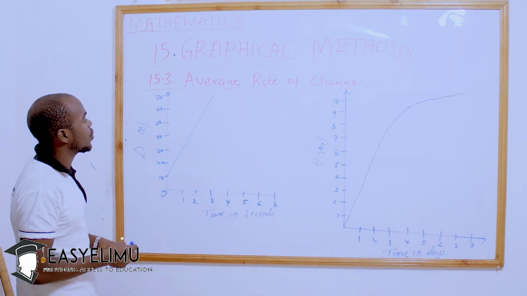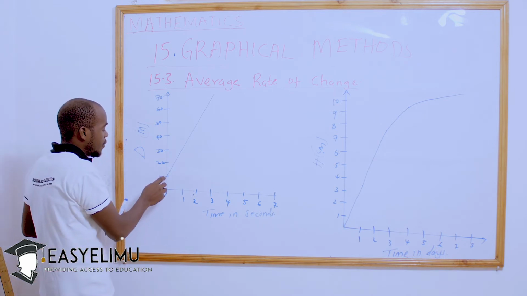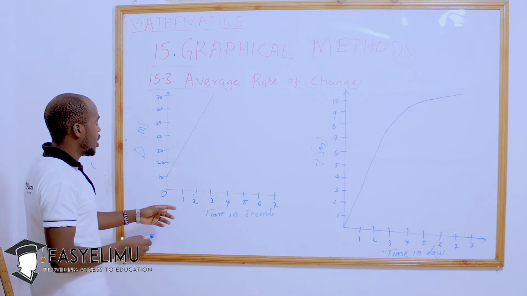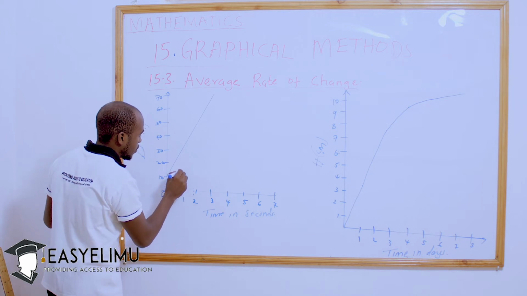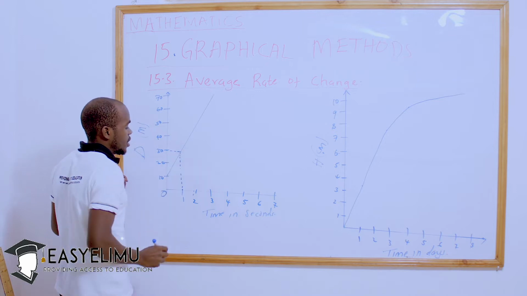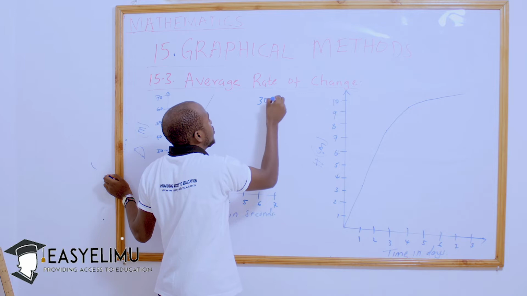So let's start with this one here. If that particle is moving, and this is the distance to be covered, in only 1 second it will have covered approximately 30 meters.